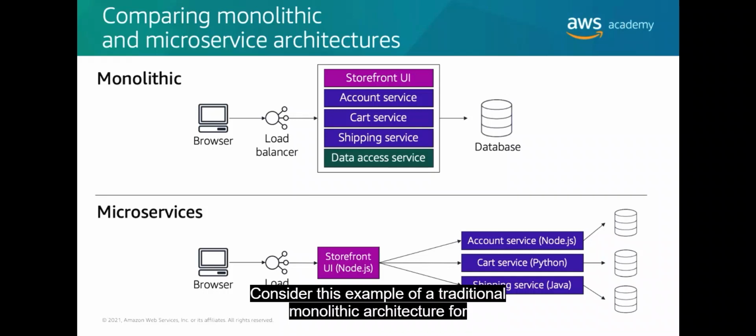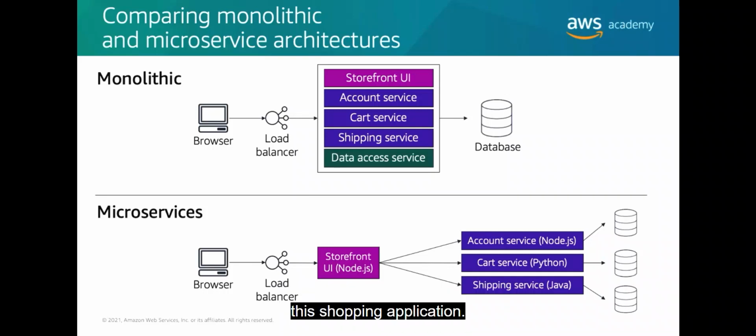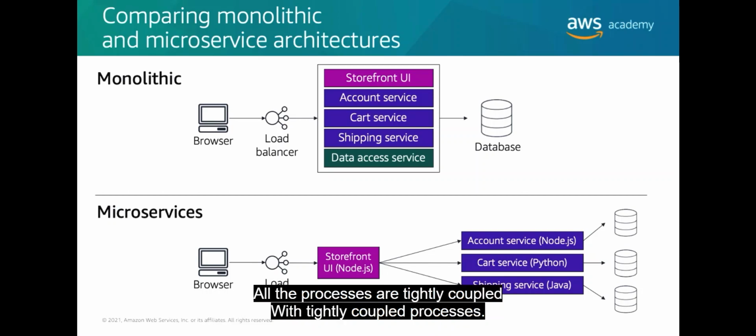Consider this example of a traditional monolithic architecture. For this shopping application, all of the processes are tightly coupled. With tightly coupled processes, if one application process experiences a spike in demand, the entire architecture must be scaled.